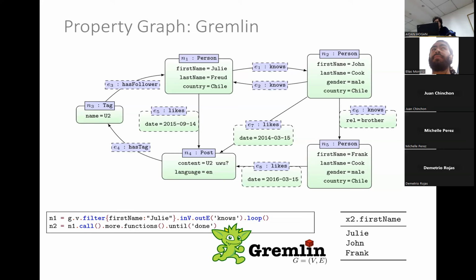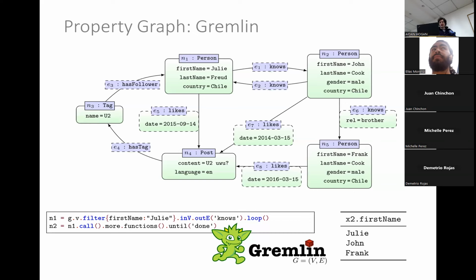So you have some sort of imperative language that allows you to do more programming-language-style expressions over graphs. It's also Turing complete, so it's more expressive than Cypher, but harder to optimize, I would say.